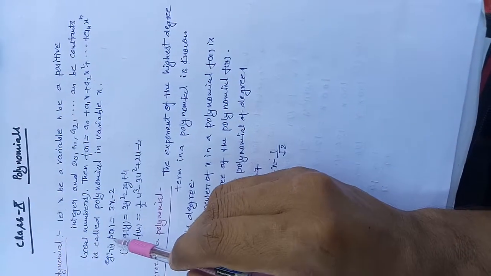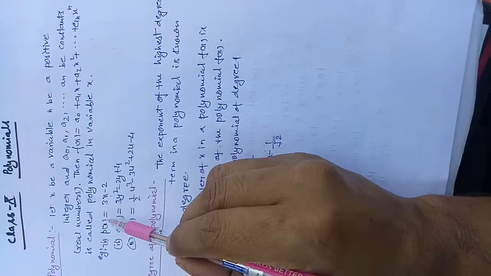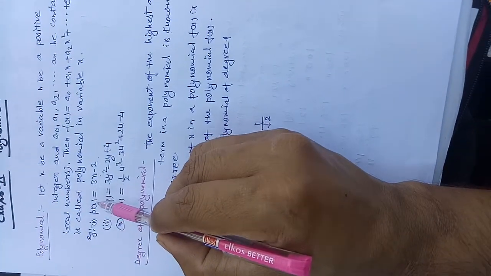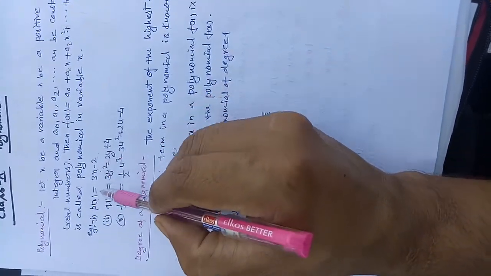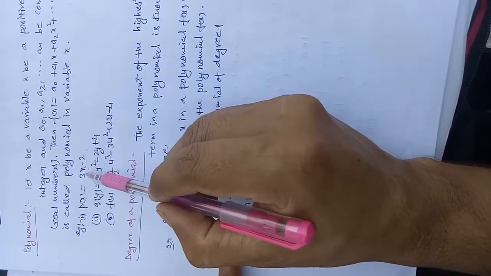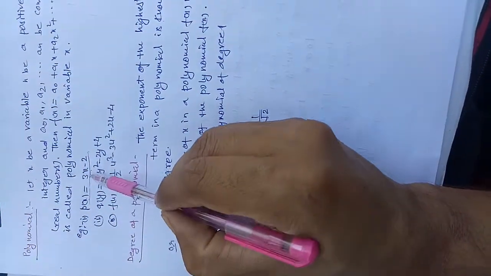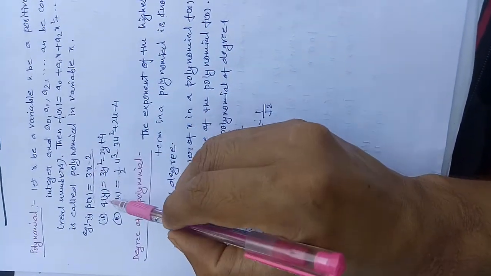For example, we have p(x) equals 3x minus 2, that is a polynomial in terms of x variable, and its highest degree is 1. Highest degree means the variable containing the highest degree, that is known as the degree of a polynomial.